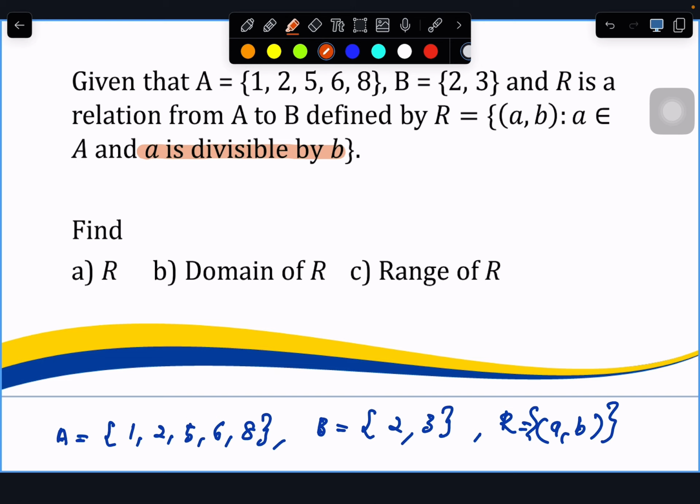What is divisible? No fractions. Okay, no fraction, I think it can relate to whole number or round number? Round number. What is divisible?